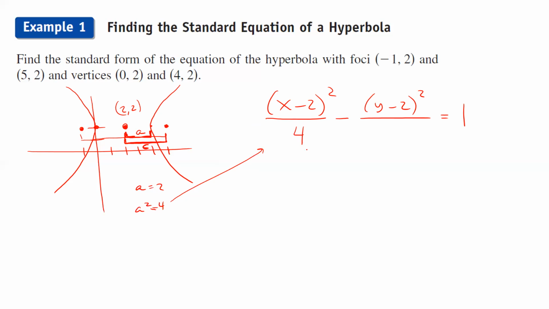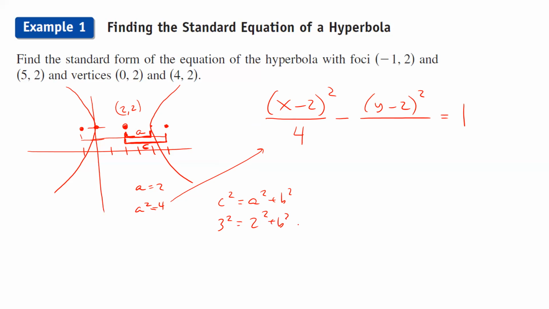Then you can do C squared equals A squared plus B squared. C squared is 3 squared, which is 9. So I'm going to plug in 3 squared is equal to 2 squared plus B squared.